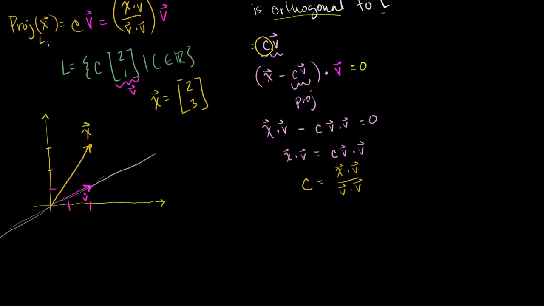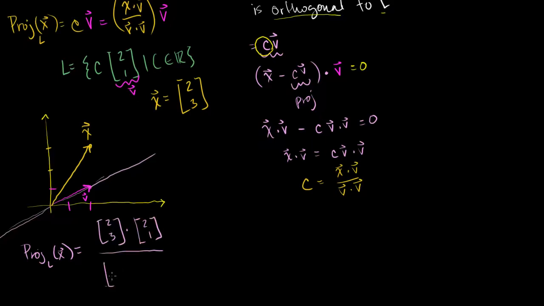And we can use this definition right here. So let me write it down. The projection of x onto L is equal to what? It's equal to x dot v, where v is kind of the defining vector for our line. So it's equal to x, which is 2, 3, dot v, which is 2, 1, all of that over v dot v.